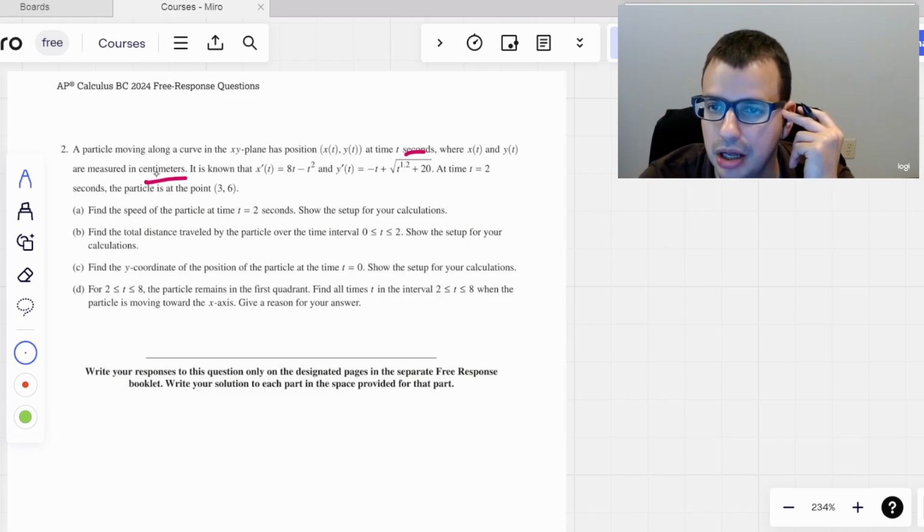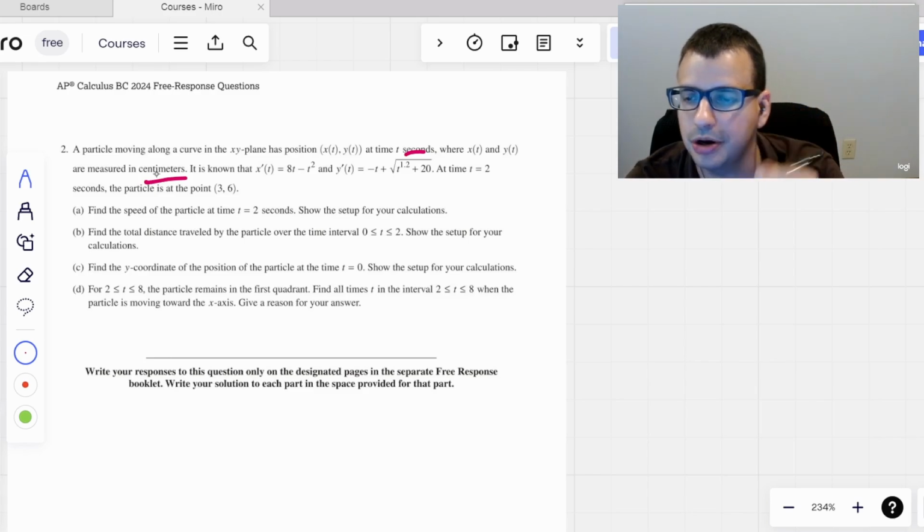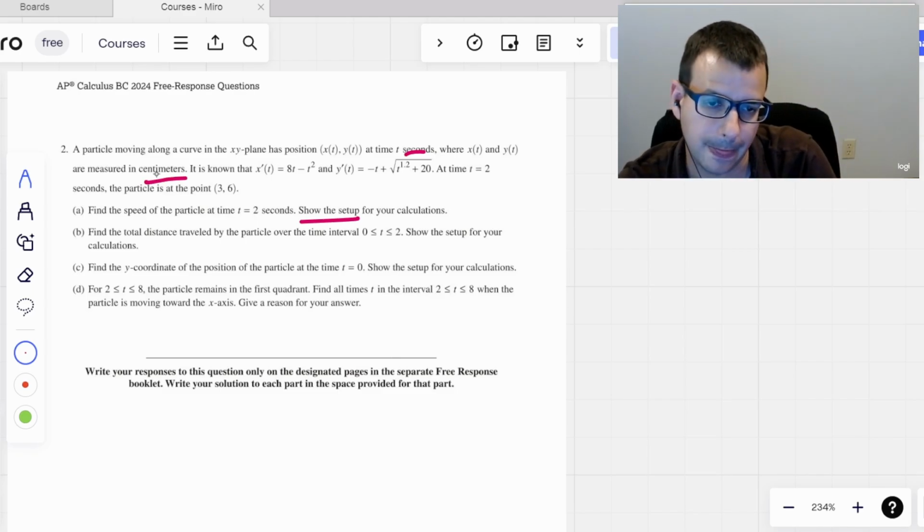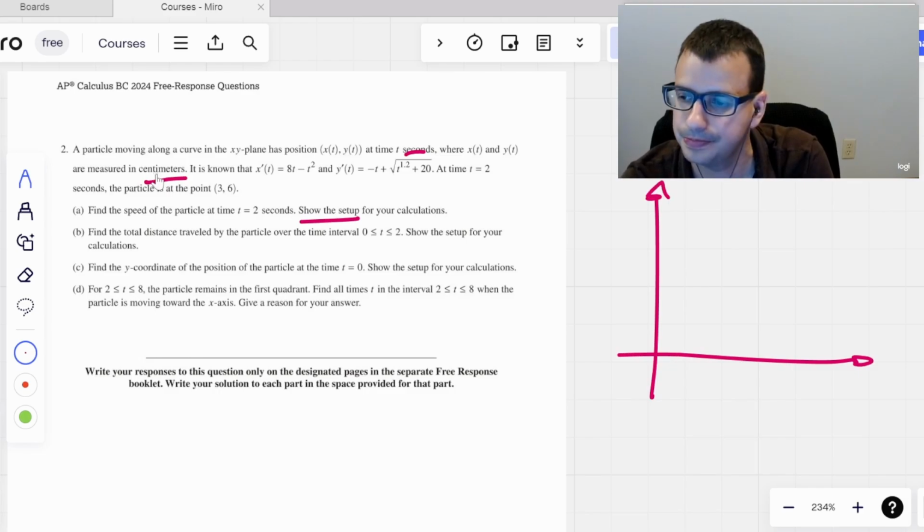It is known that this holds at a certain time. Find the speed of the particle at t equals 2 seconds. Show the setup for it. So they want us to show the setup because I think they're going to allow us to use our calculator.